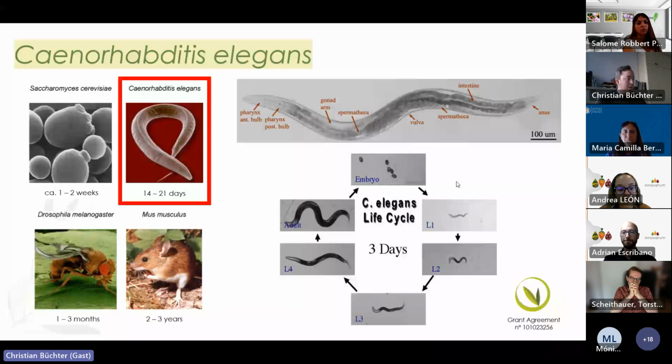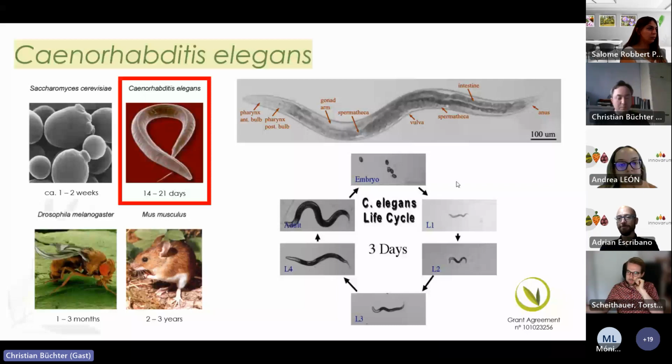C. elegans shares some features with more complex organisms. So C. elegans has a nervous system, muscles, an intestine, and so forth. But also very important organs and tissues are missing. For example, a distinct brain is missing, or a cardiovascular system, a liver, just to say a few.